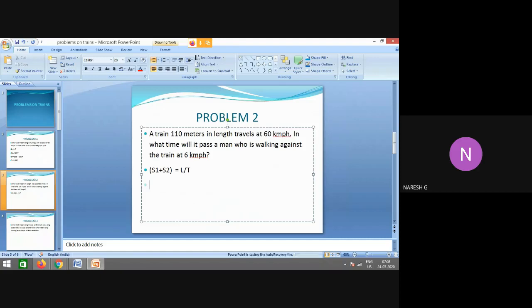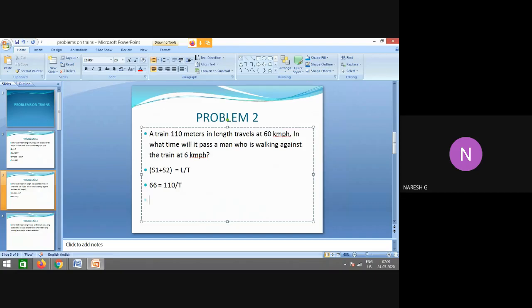So train speed 60 km per hour and man speed 6 km per hour. Together 66 km per hour equal to train length 110 meters divided by time. We have to calculate the time. How much time it will take to cross a man who is moving in opposite direction. So here also train length is in meters, time is in seconds.